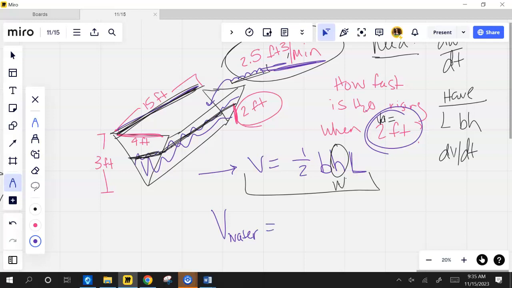Okay, so the volume of water would be 1/2 base, right? That's changing here. That's going to have to change. Times W, but then the length stays the same.